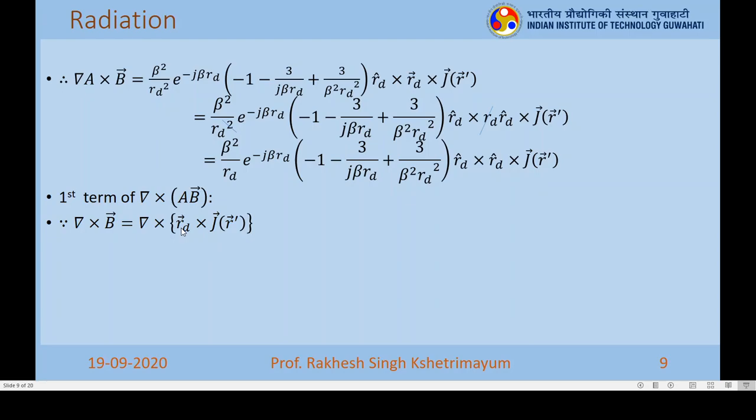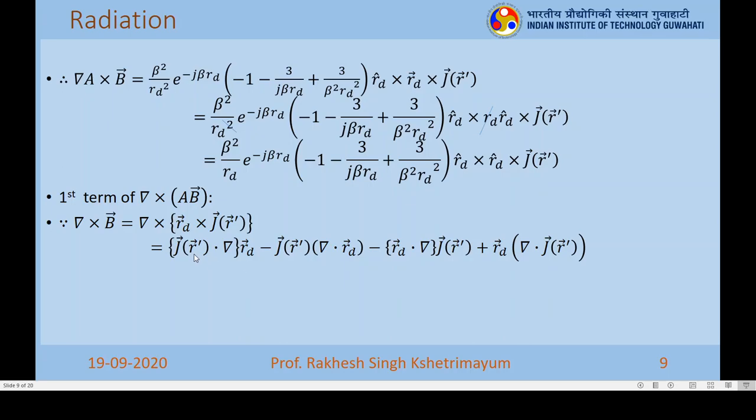B was RD cross product with J. So here you are basically taking the curl of a cross product of two vectors. You can use the vector identity and it will have four terms. First is J dot del RD, minus J del dot RD, minus RD dot del J, plus RD del dot J. These are the four terms you have for the curl of a cross product of two vectors.